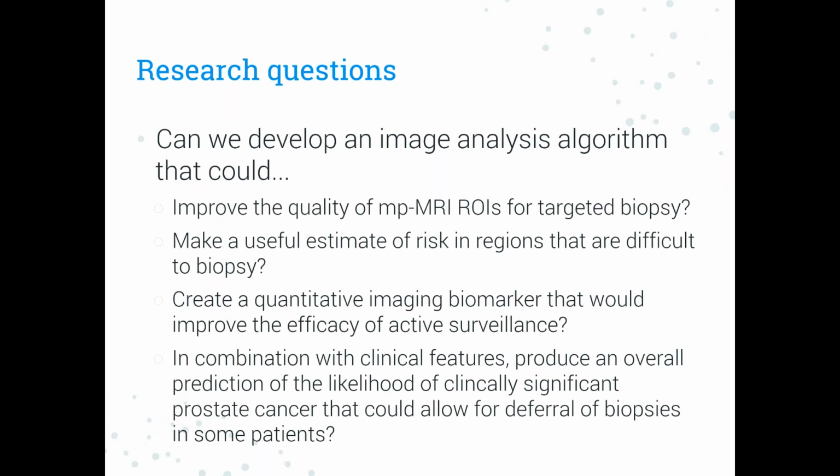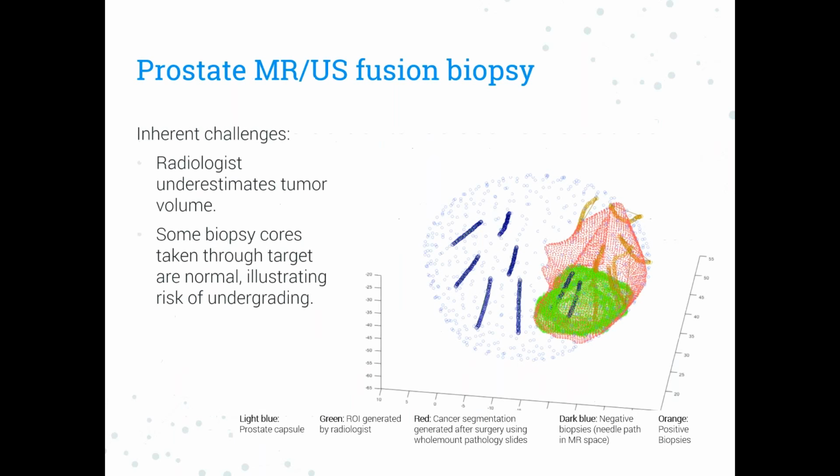So we know we're doing too many biopsies. Can we discriminate better who should get a biopsy and who doesn't need one? Here's an example of our MR ultrasound fusion biopsy outcome. The blue dotted region denotes the prostate, the light blue. The green region here is the ROI generated by the radiologist, so this was suspicious for cancer.